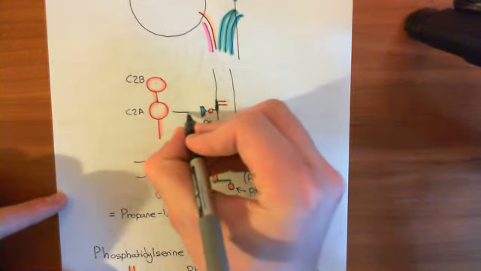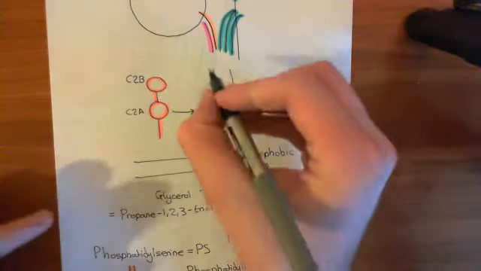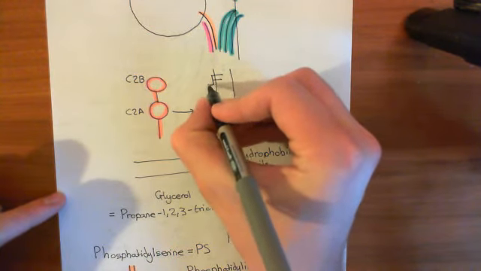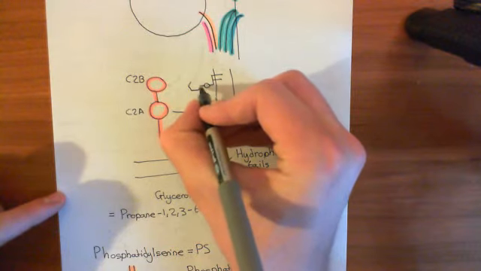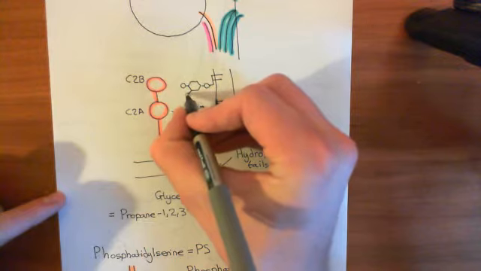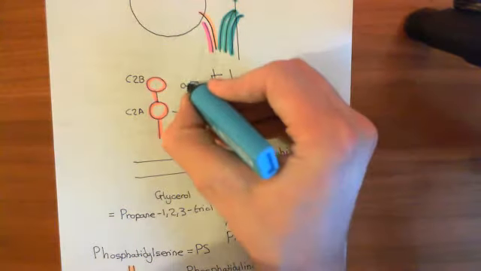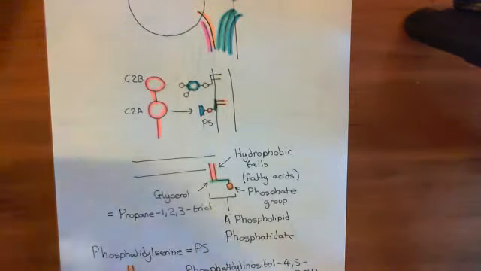Now it's the C2a domain that binds to phosphatidyl serine, okay? And the C2b domain then binds to the other component, the phosphatidyl inositol 4,5-bisphosphate. And I want to stress that this happens only when calcium has bound to the C2A and the C2B domains. It doesn't happen prior to that. Okay? So it happens once the synaptotagmin has been activated. So there's our inositol ring.